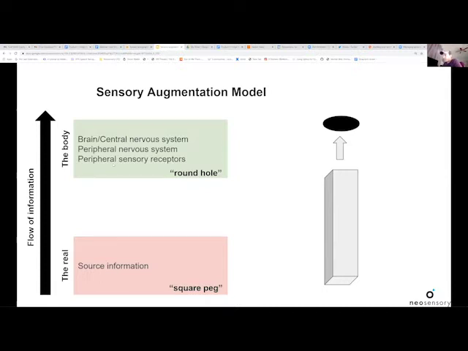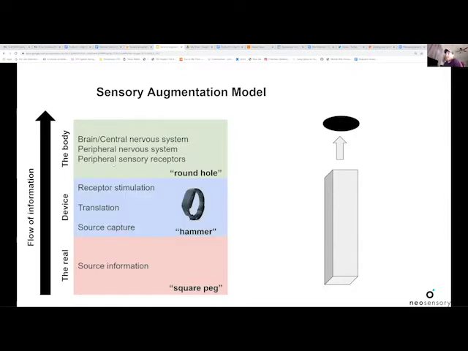So we have this information we want to get through our receptors to the brain, so we need something to bridge the gap that can accurately capture this information and translate it in a way that the receptors we're targeting will pick up on it as much as possible.